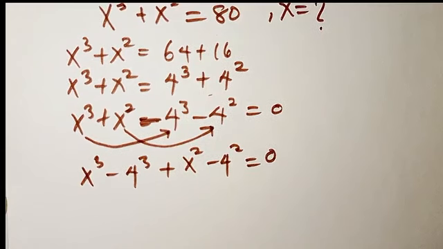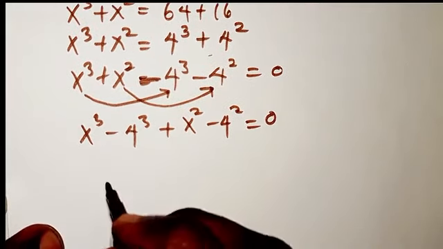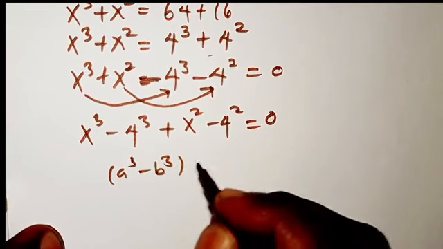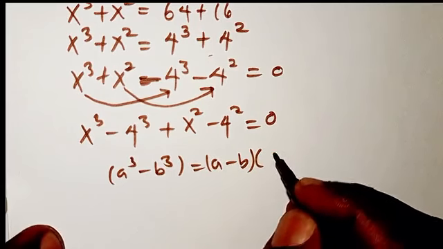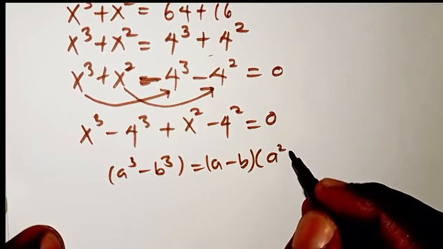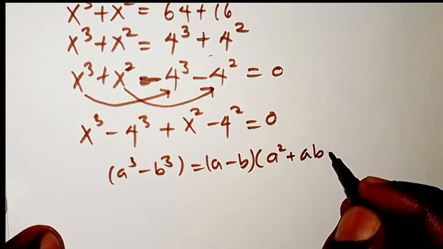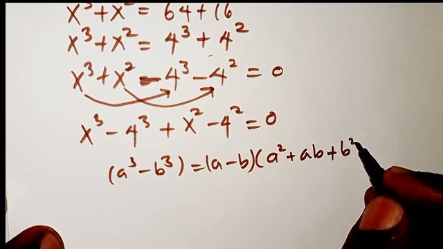So now you can see that we are having something nice. This is a difference of two cubes and this is a difference of two squares. Whenever you have a cube minus b cube, it is going to be a minus b, then a squared plus ab, then plus b squared.